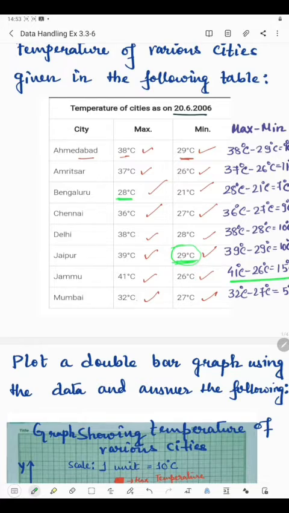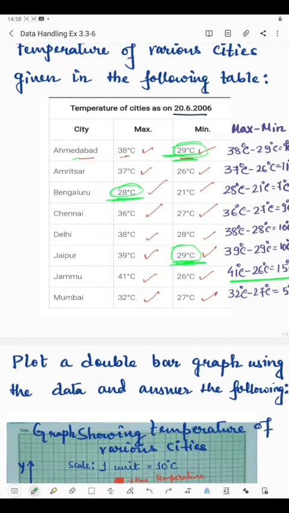So when you compare Bengaluru and Jaipur, Bengaluru's maximum temperature is 1 degree less than the minimum temperature in Jaipur. Okay, so Bengaluru's maximum temperature is also 1 degree less than the minimum temperature in Ahmedabad.